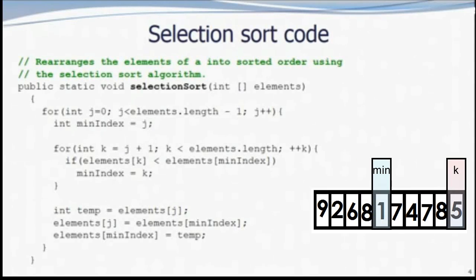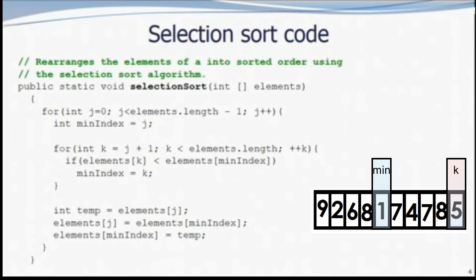So now it's checked from 0 all the way to the end, looking for the minimum index. Every single time it found something smaller than the last minimum, which is going to be the first element from the first time, it changes min index. So then, by this point, if I'm thinking about this in an FRQ kind of way, I've gotten my minimum.